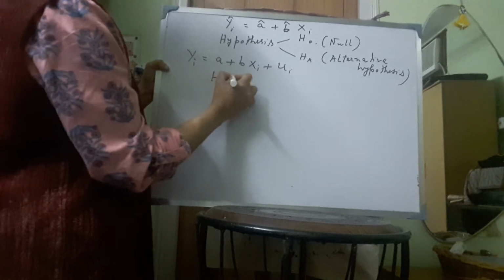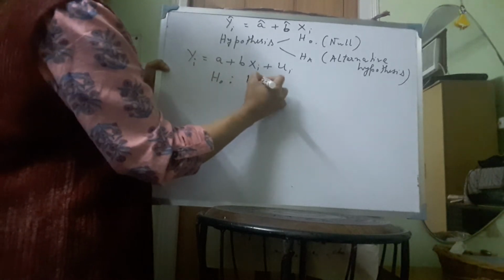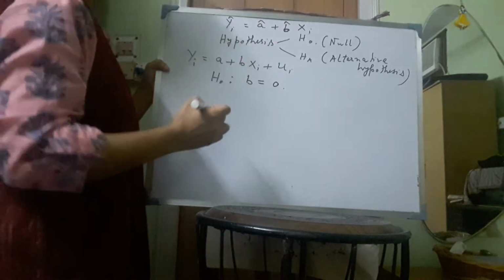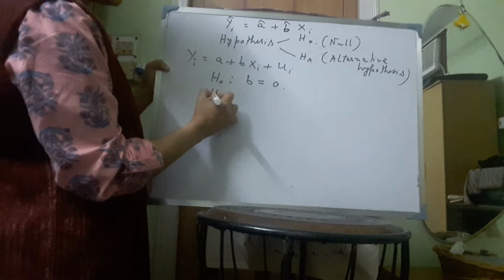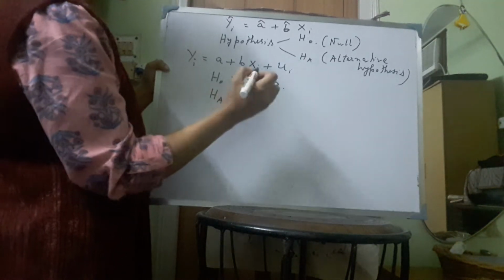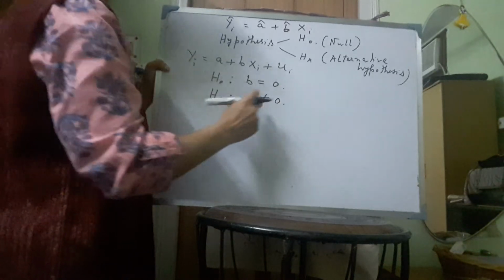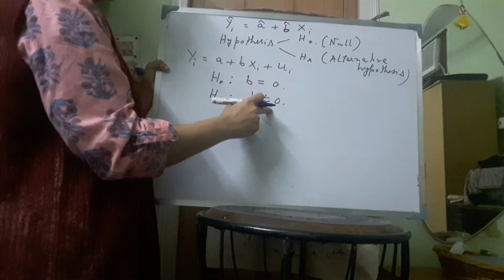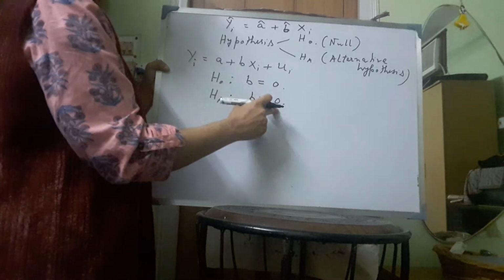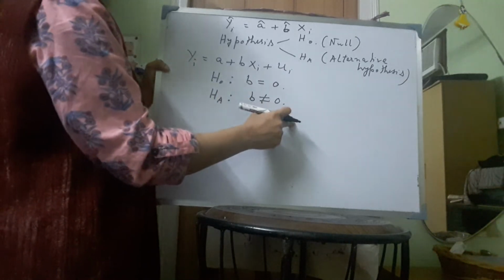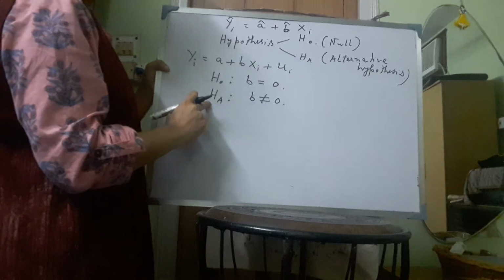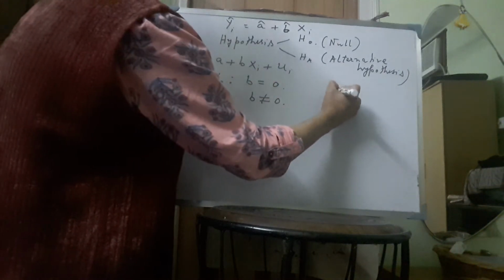Now H naught in this case is b is equal to 0, and HA is b not equal to 0, that is b is different from 0, and b can be either positive or it can be negative. So this is one type of alternative hypothesis.